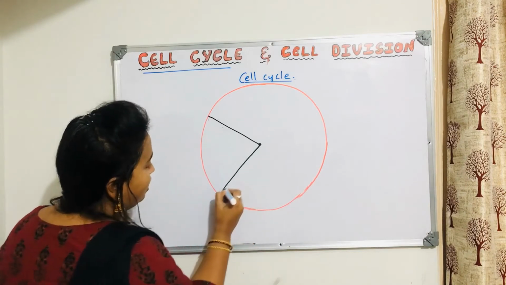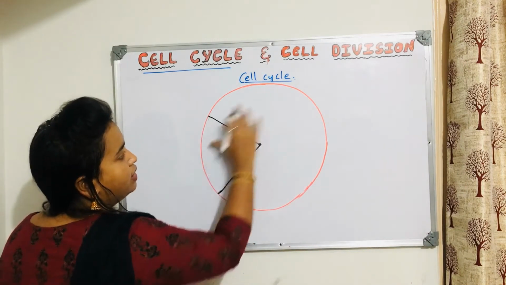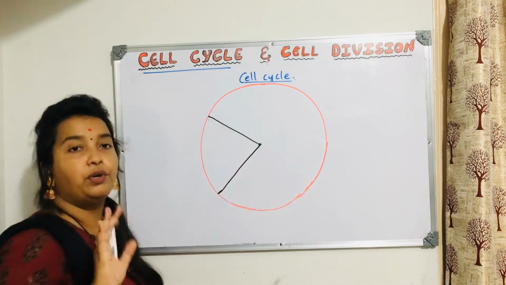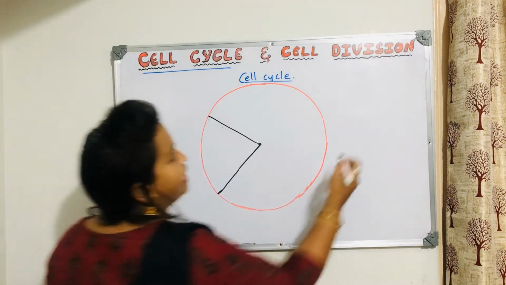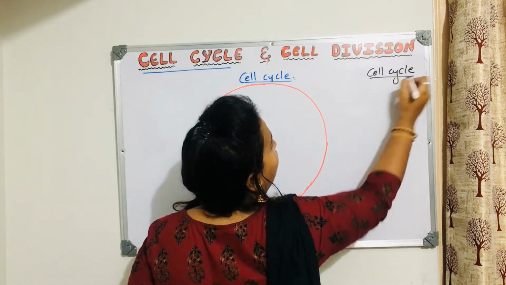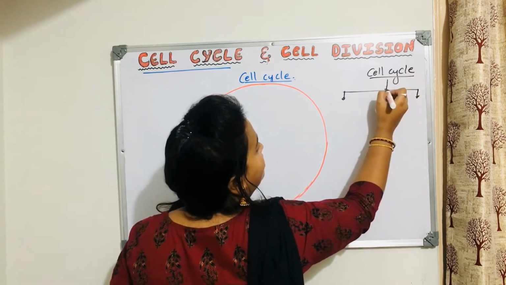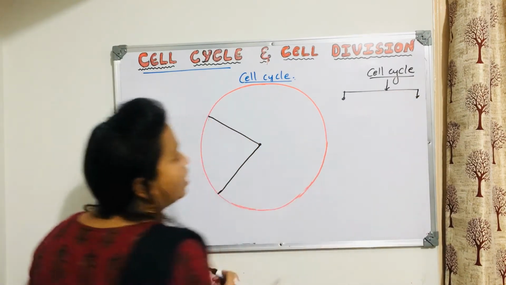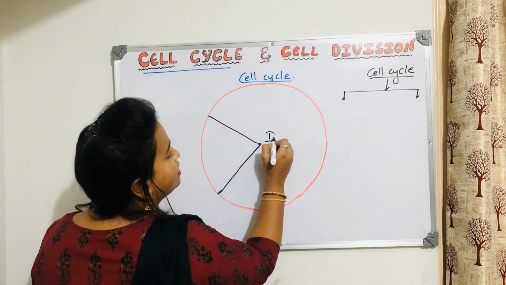First of all, the cell cycle is divided into two phases, and we will see which are the phases. The first phase we call interphase.